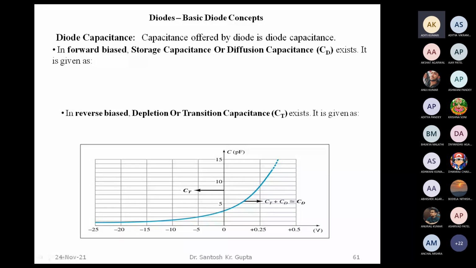Here we see the variation of the transition capacitance and the diffusion capacitance.